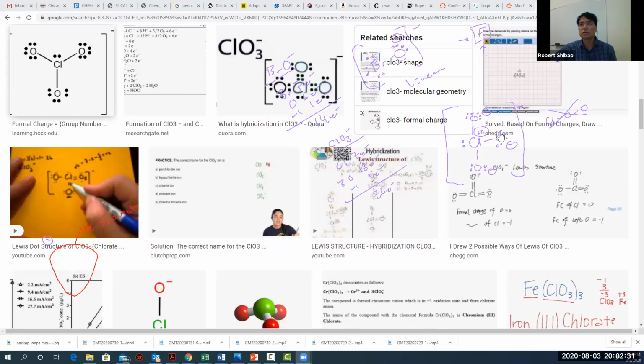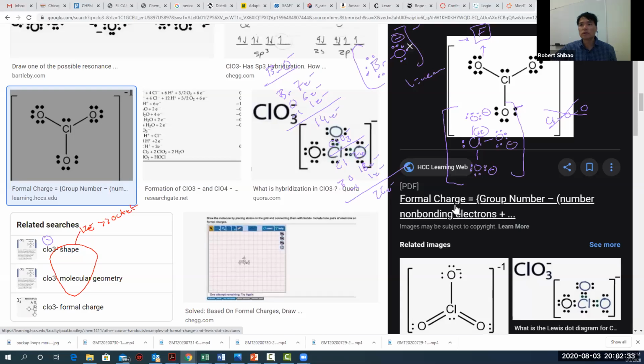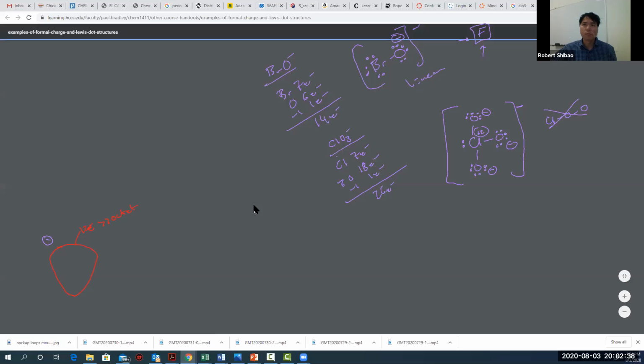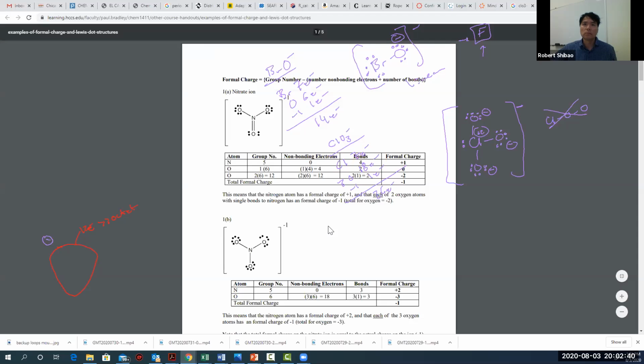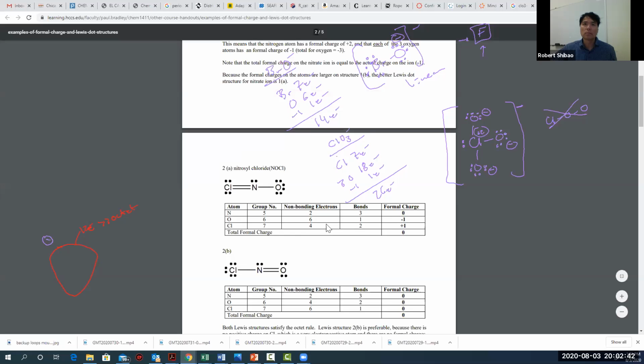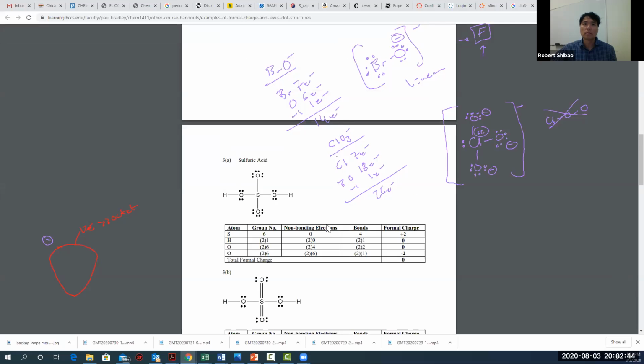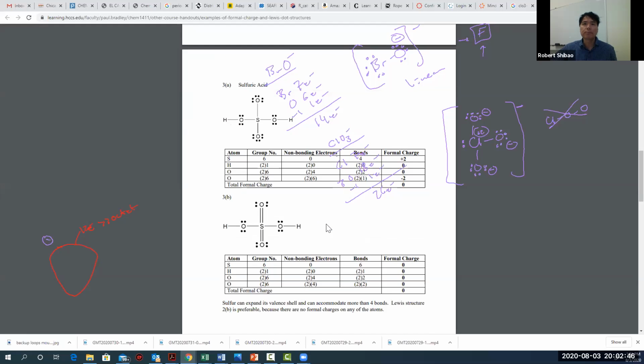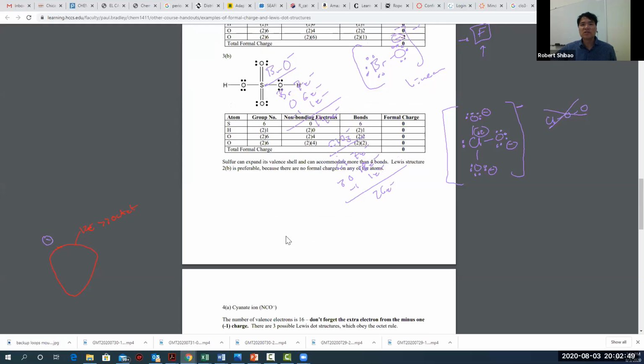Look at the charges, the formal charge. Let's see what they say. Yeah, here they're expanding the octet.